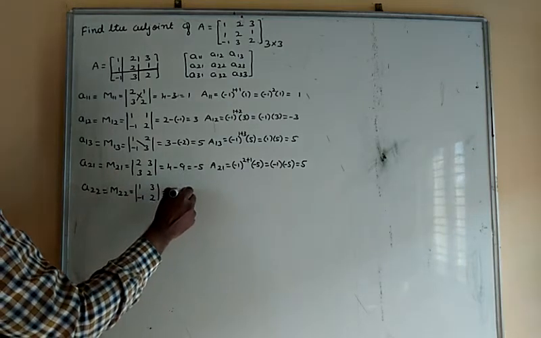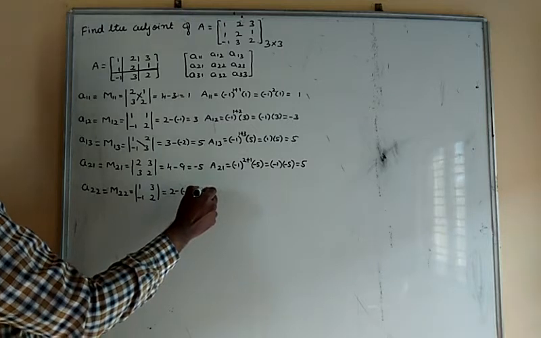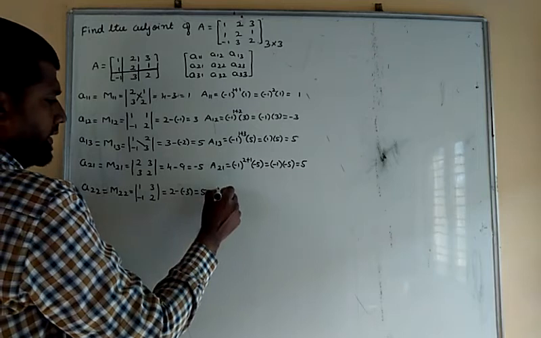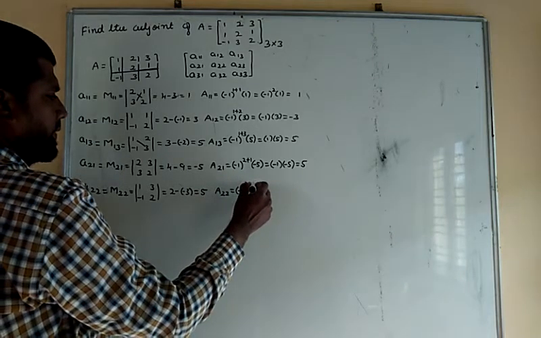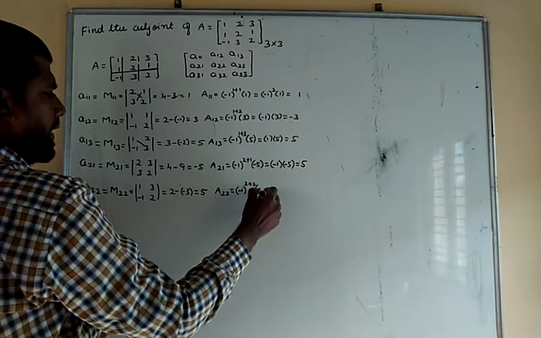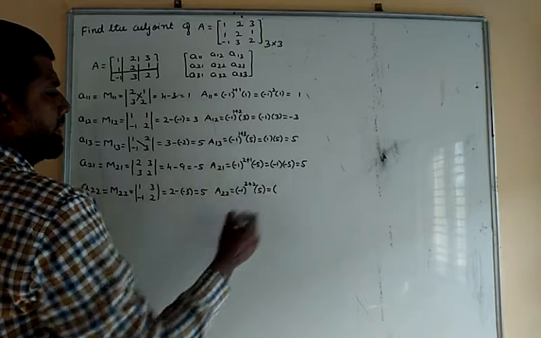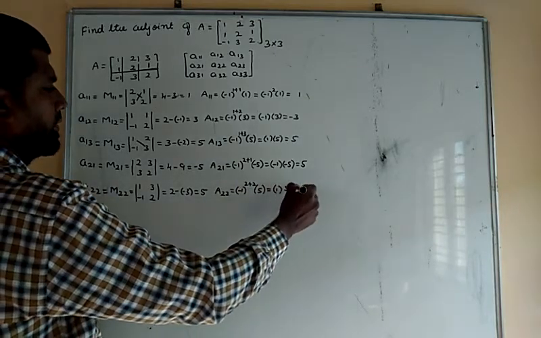Then 2 into minus of minus 3, that is minus into minus plus, 2 plus 3 is 5. Now, how to find the cofactor A22? A22 means minus 1 whole to the power of 2 plus 2, into 5. The power is 4, so minus 1 becomes plus 1, into 5, that is equal to 5.